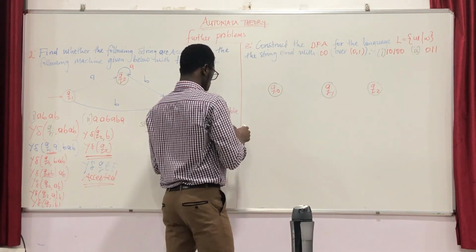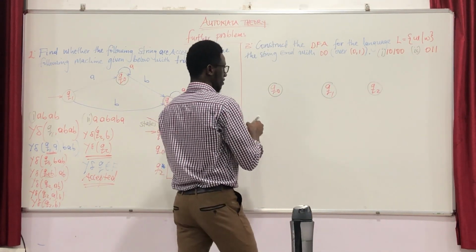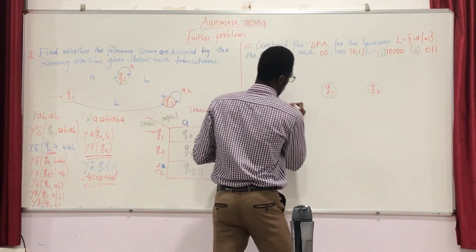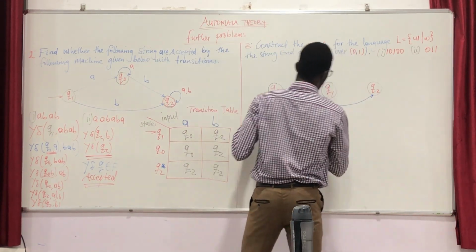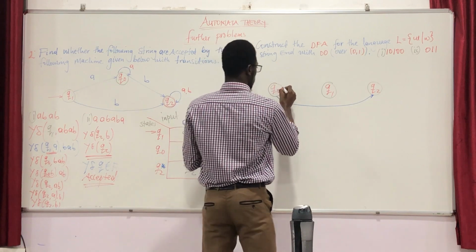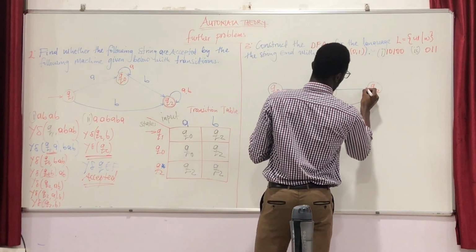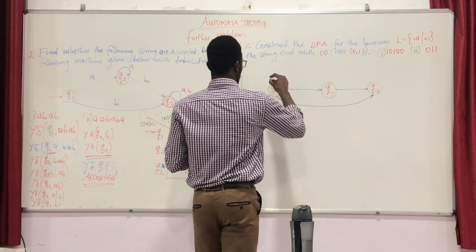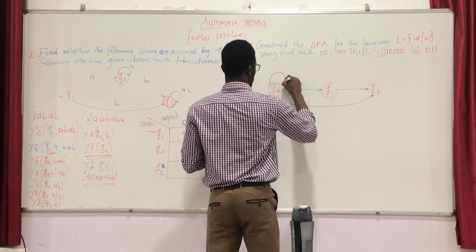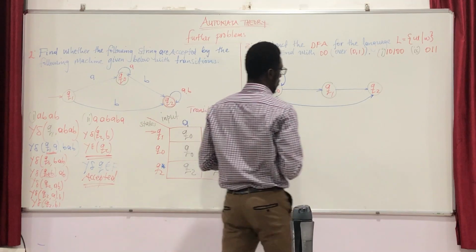Now we need to join these points. Let's say we join this to this, then this to this, and then this one again.